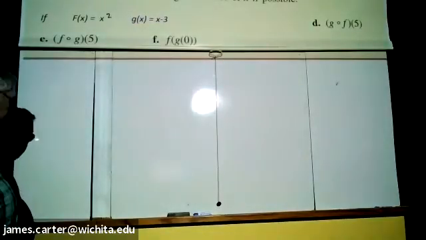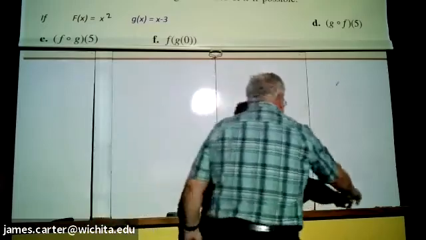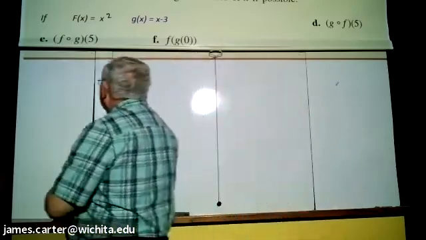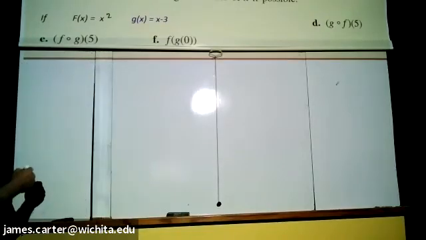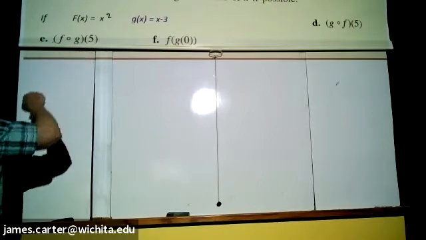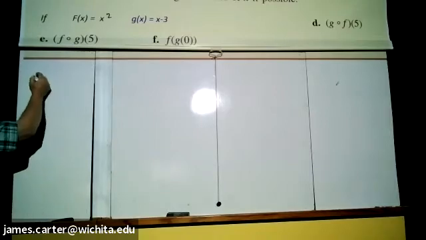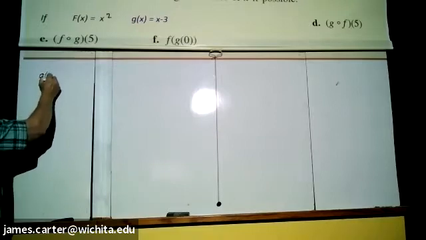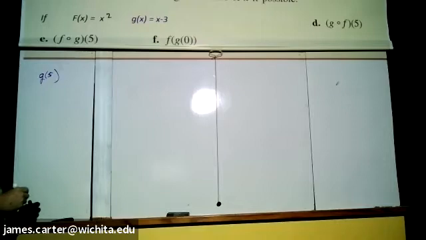Okay, let's go over these examples. F compose g of 5. Okay, we've got g over there, we've got f of x over here. So we're going to take the g of x equation and find the value if we substitute 5 into it.